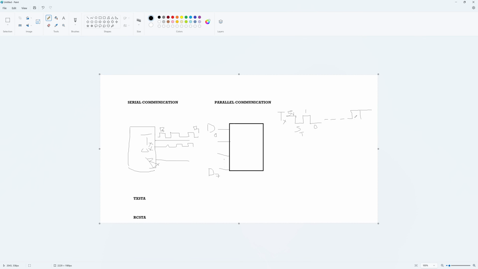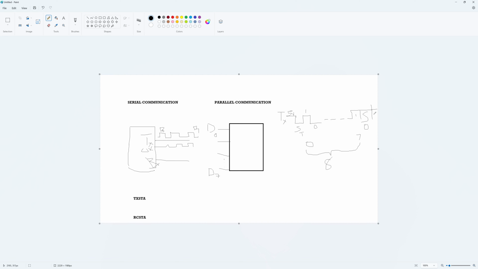This is the zeroth bit, and this is the seventh bit. So in total, 8 bits would be there. The last bit is called the stop bit. Then it will be in the idle position.